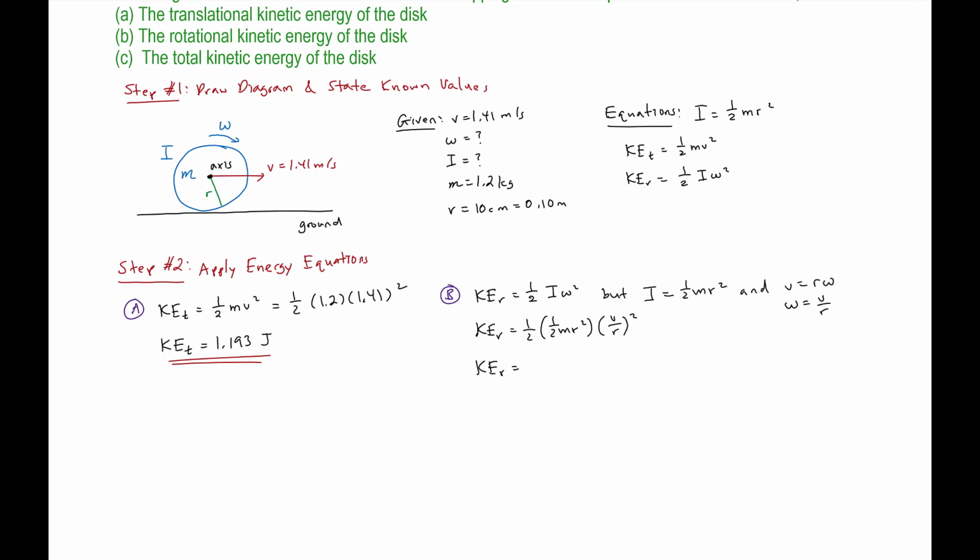So KE_R is equal to 1/4 mv squared, since the R squareds cancel. So we plug in our values and we have KE_R is equal to 0.596 joules.